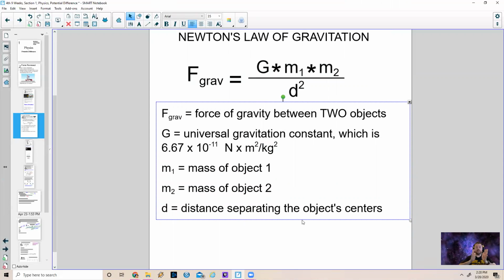Now, the thing about using this, and this is going to apply to Coulomb's law later, is that with objects like planets, you have Earth and you have our atmosphere, but where should you measure two super large objects in space that are really far apart?